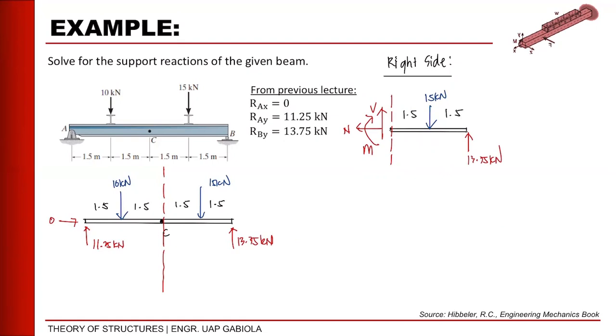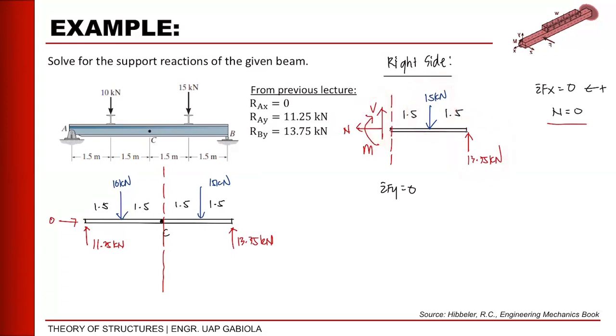So, perform lang natin. Summation of Fx equals to 0. So, ang horizontal force lang natin is nag-iisa, si N lang. Okay? Halimbawa, taking to the left as positive. So, N is equals to 0. So, yun agad yung value natin for normal force. Next, summation of Fy is equals to 0. Lahat ng vertical. So, vertical natin is V, tsaka itong dalawa.